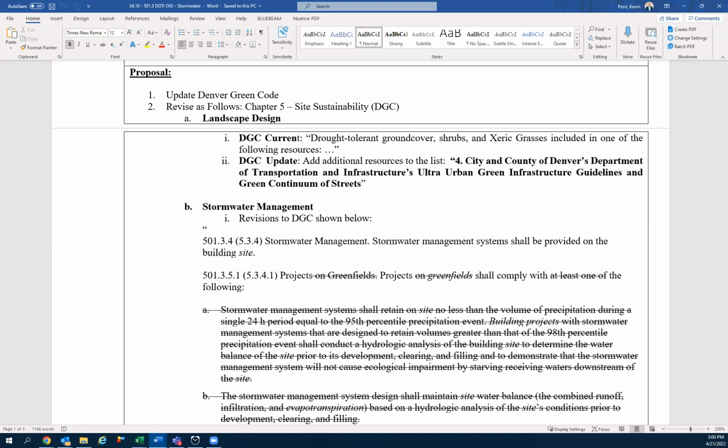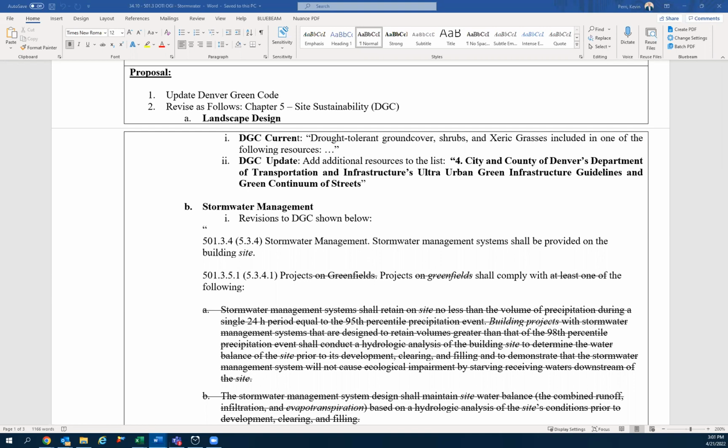I think maybe we're looking at a slightly older version of the document, but the changes aren't that different, just more the presentation. So there are two major sections to change as proposed.